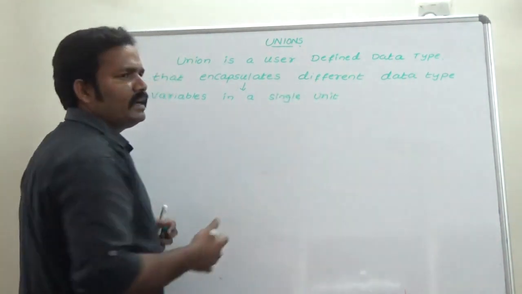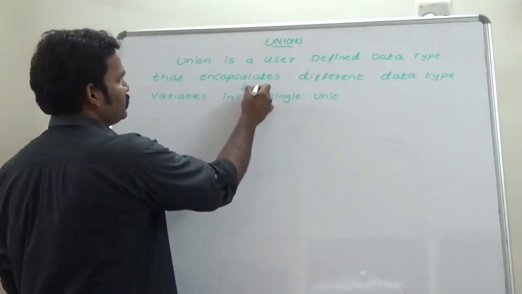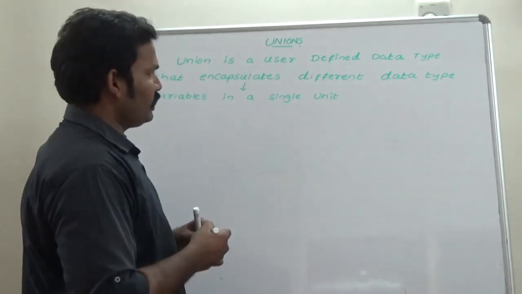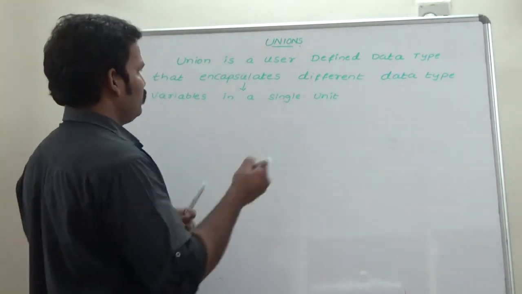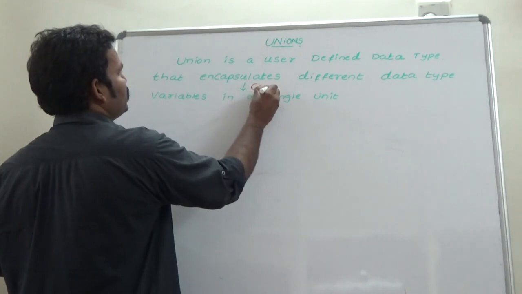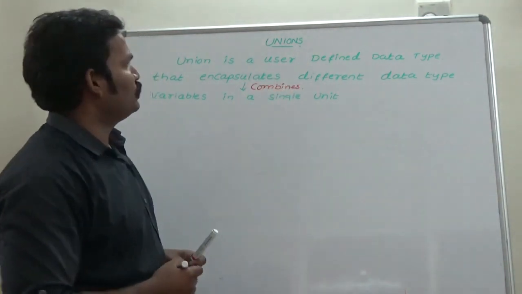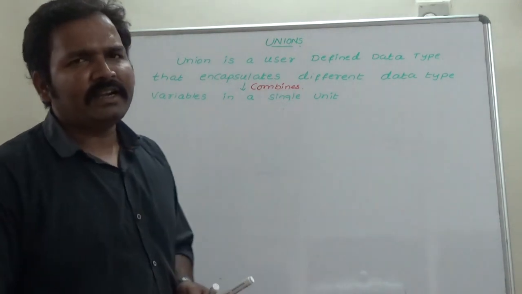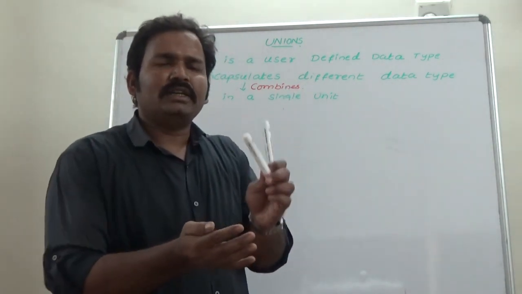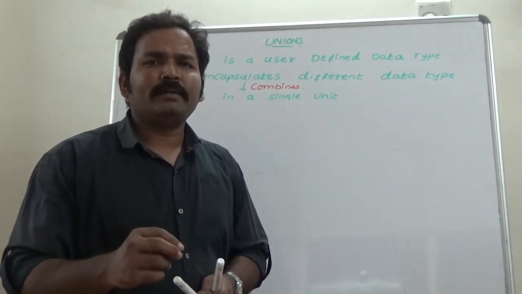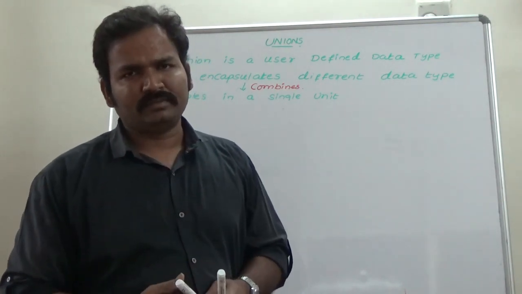So encapsulates means combines. Okay, what is meant by encapsulates? Combines. Okay, so what is union? Union is a user defined data type that combines different data type variables in a single unit.